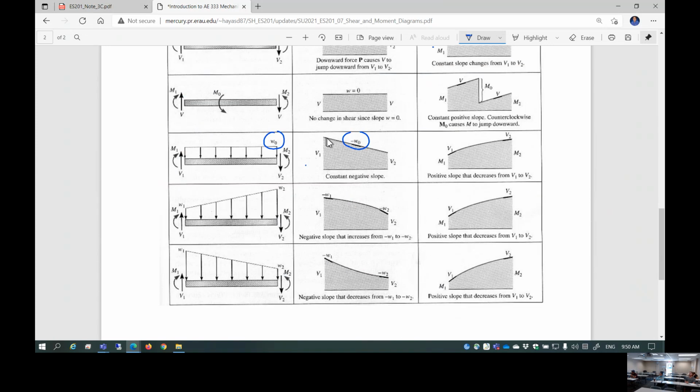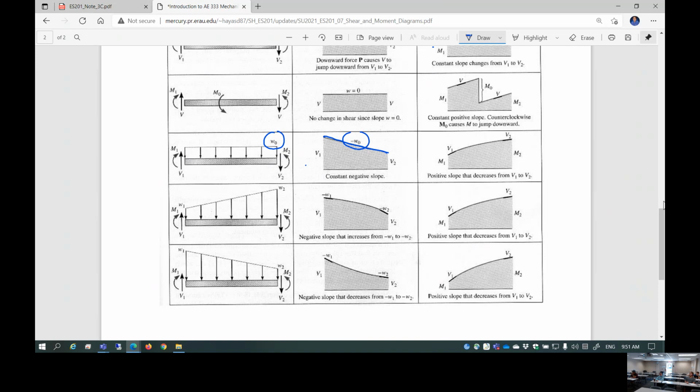This is a constant slope, starting with V1 jumping up here. From here all the way to right here, you have a constant slope of negative w0. Negative is important, because w0 is going down in the negative y direction.